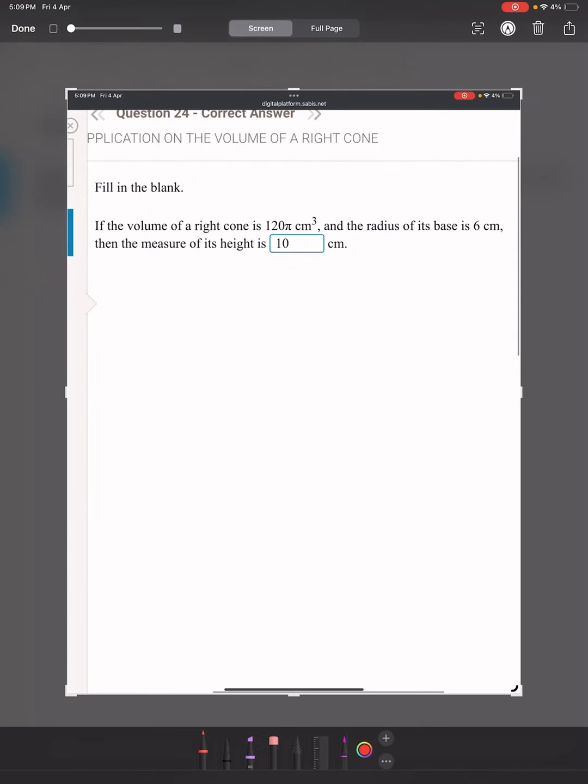So the formula for a cone is 1 over 3 pi r squared times the height. So 120 pi equals 1 over 3 pi r squared, which is 6 squared, times height. 6 squared is 36. h times 1 over 3 pi equals 120. 1 over 3 times 36 is 12.